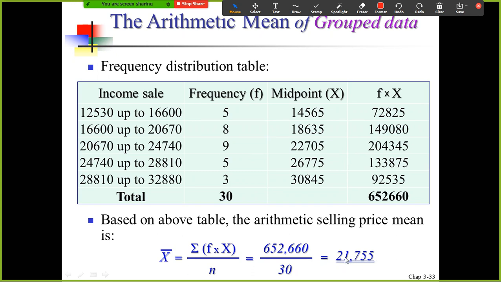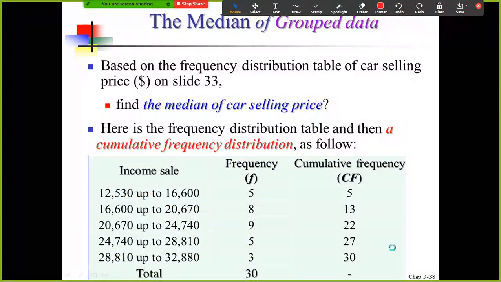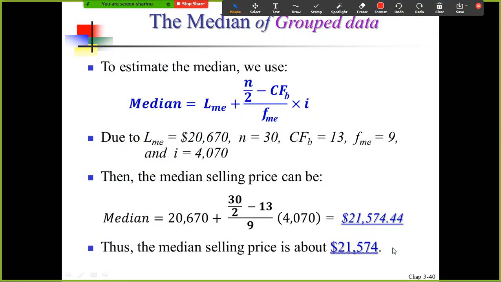The average price is 21,755. But this one is 21,574. This is about a 200 difference. This is the median price, the median selling price.